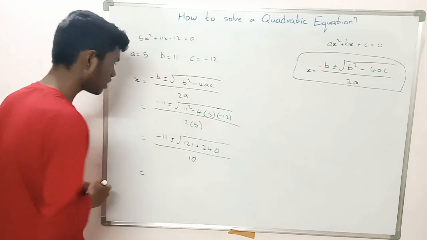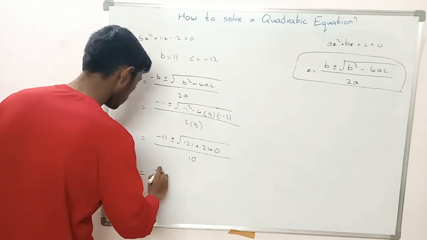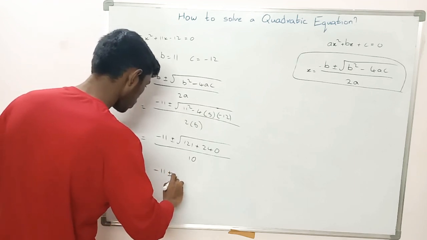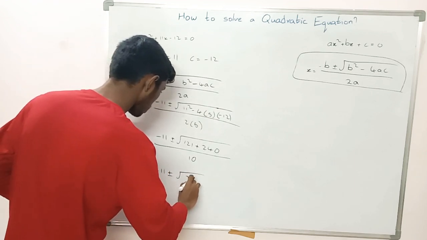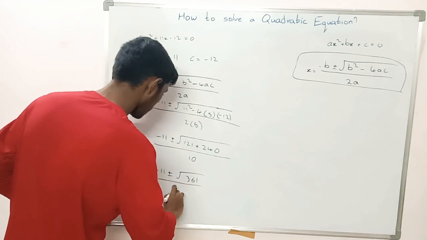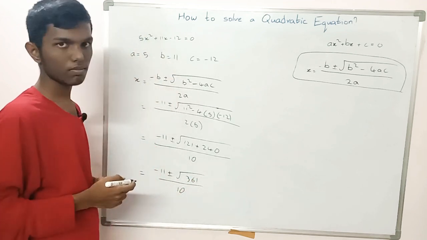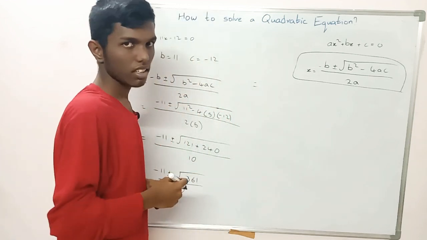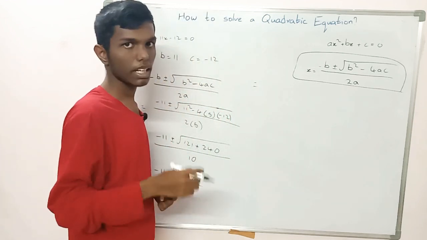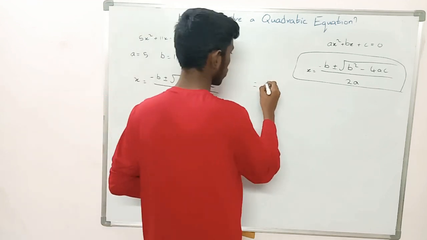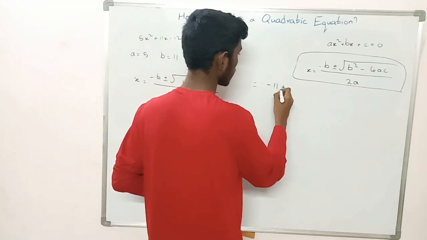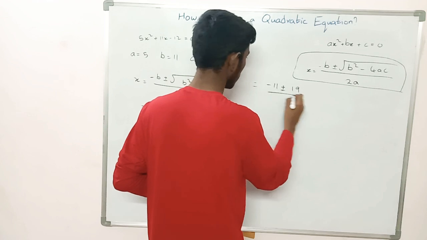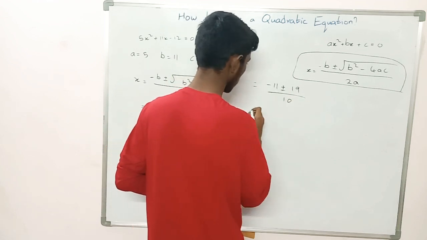And solving it, minus 11 plus or minus under root 361 by 10. 361, its square root is 19, which means minus 11 plus or minus 19 by 10.